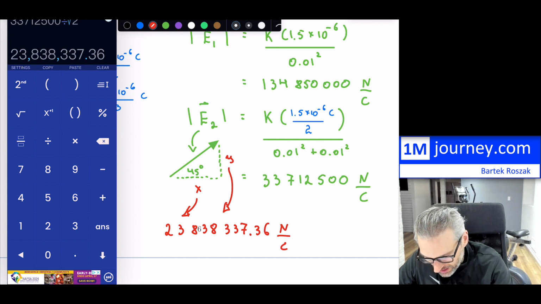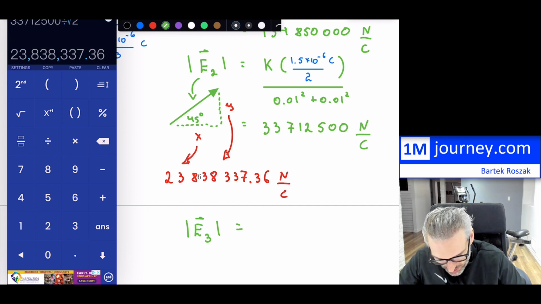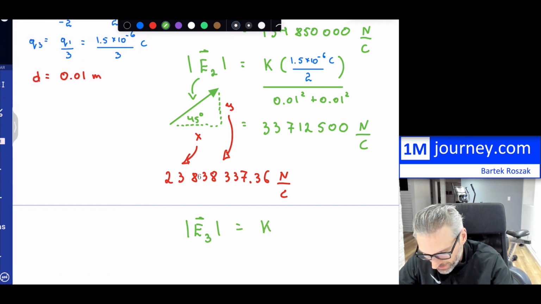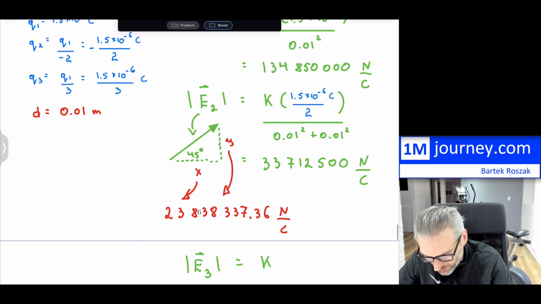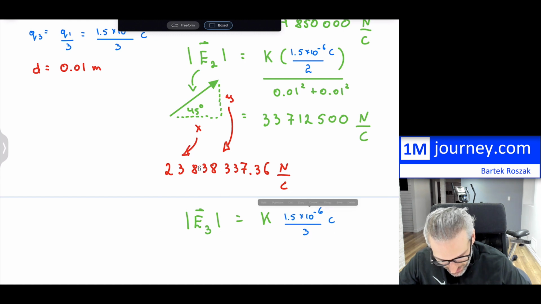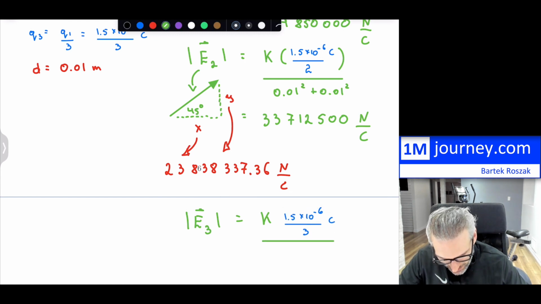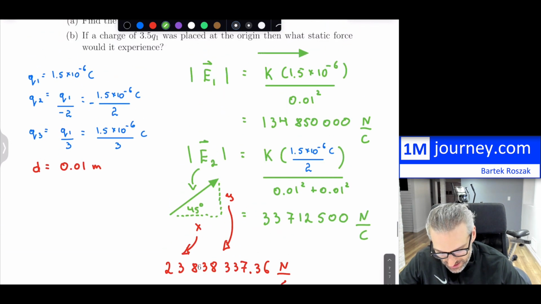That leaves us the last one, E with respect to Q3. Again, this is K. I'm going to steal this again. Let's duplicate it, so that's multiplied by that and then divided by the distance.